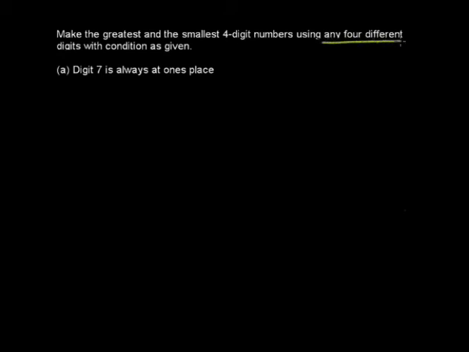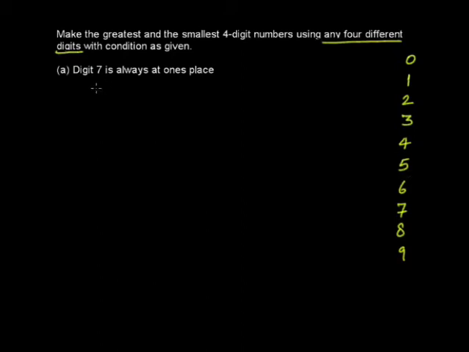That means we all know that we have 10 digits: 0, 1, 2, 3, 4, 5, 6, 7, 8 and 9. These are the 10 digits which we use to make any number.